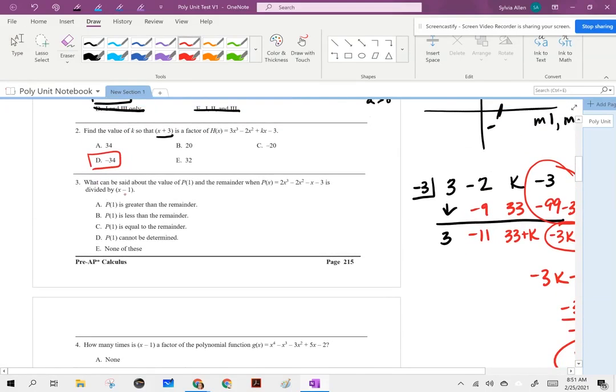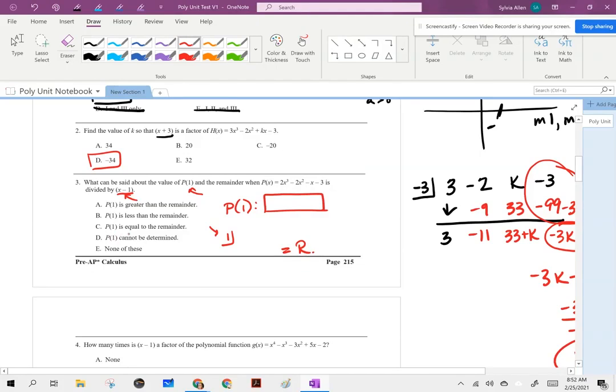And then number 3, what can be said about the value of P of 1 and the remainder when P of X is divided by X minus 1? Well, if you were to evaluate P of 1, and if you were to synthetically divide by 1, because if that's the factor, X minus 1, the zero is 1, the number that you get when you evaluate is going to equal the remainder of this polynomial.